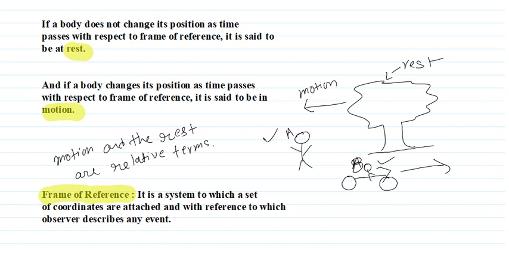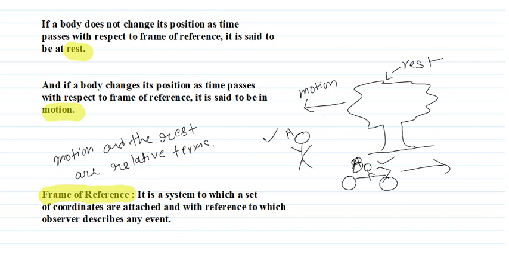If something is moving, that does not mean that according to everyone it is moving. It depends upon the observer, means it depends upon the frame of reference. From the perspective of A, this tree is at rest, but in the observation of B, this tree is in the state of motion, and in physics both are right.